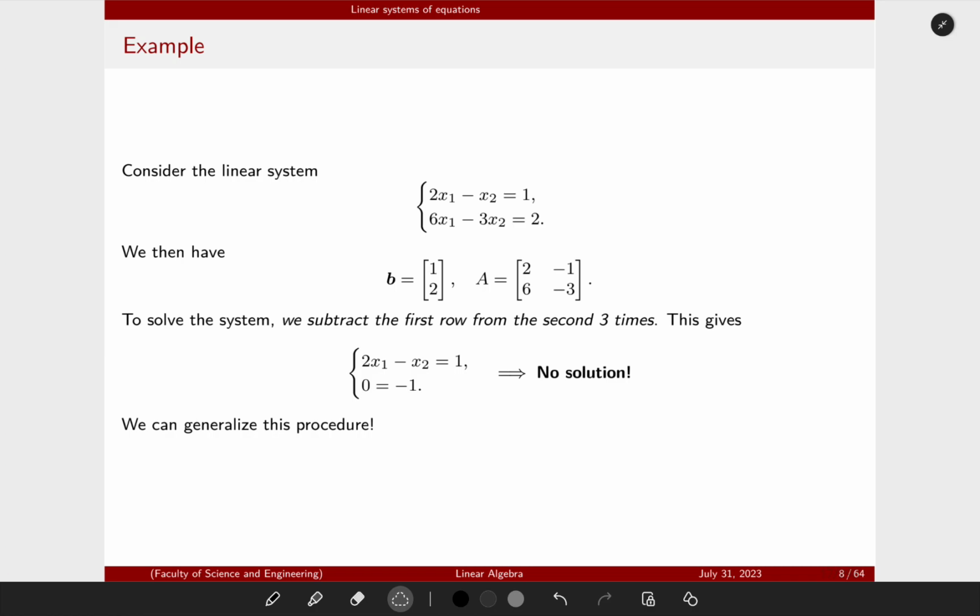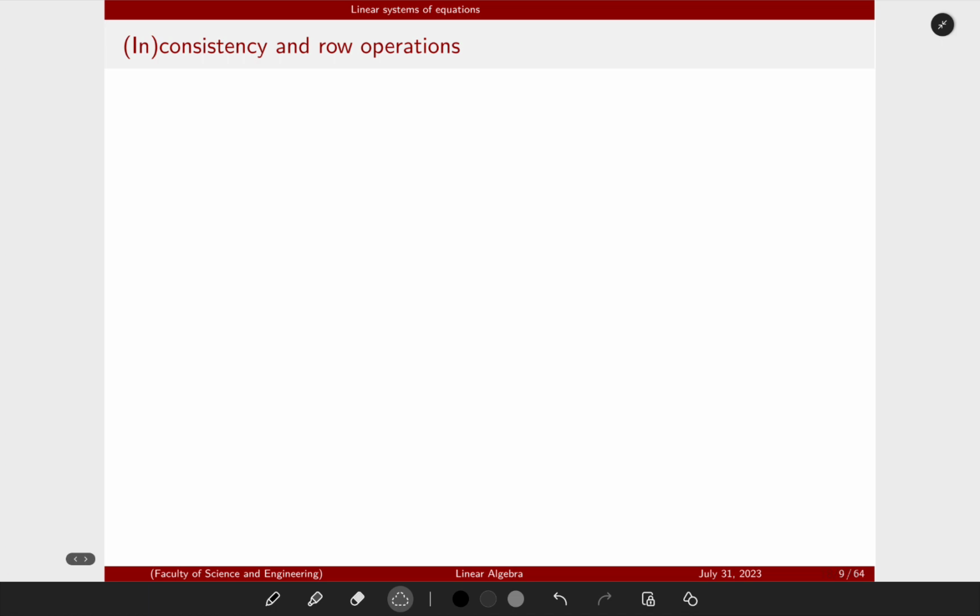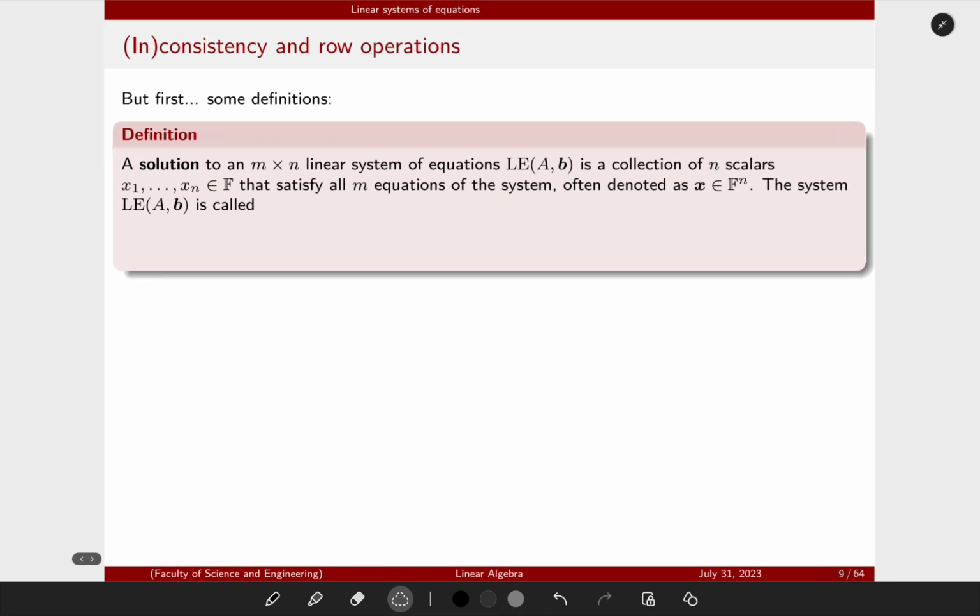So with that, we are motivated to look at inconsistency and at row operations. To do that, we need to again define some things. So we say that a solution to an n by n linear system of equations is a collection of scalars, so these here, that satisfy every equation of the system. And we denote this solution as x.